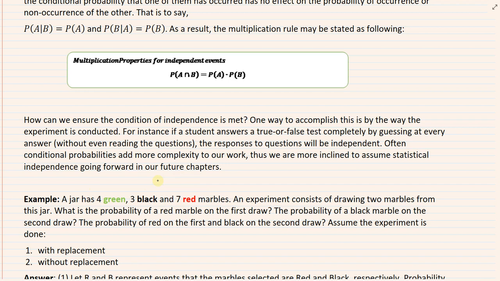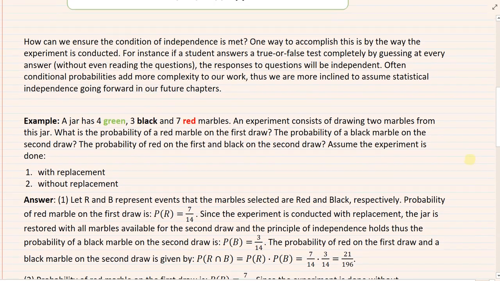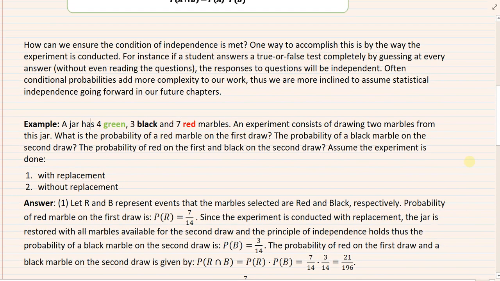For the joint probability, red on the first and black on the second, we multiply using independent events: probability of R and B is 7/14 times 3/14. Notice the denominator is restored to 14.